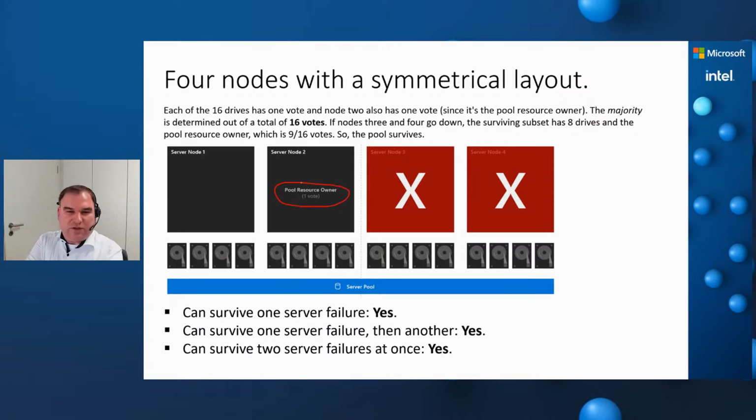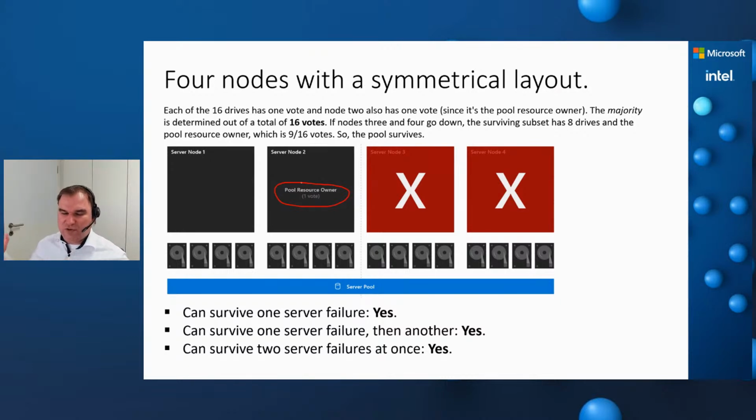When we think about Storage Spaces Direct in Windows Server or Azure Stack HCI, always 1 server is the pool resource owner. Every server can access the pool at the same time. So the pool resource owner is not a limiter or something like this. Every node can write on the storage. Every node can read from the Storage Spaces Direct pool.